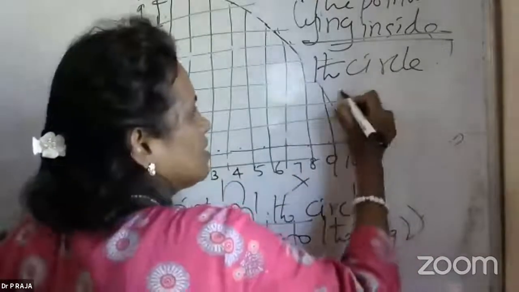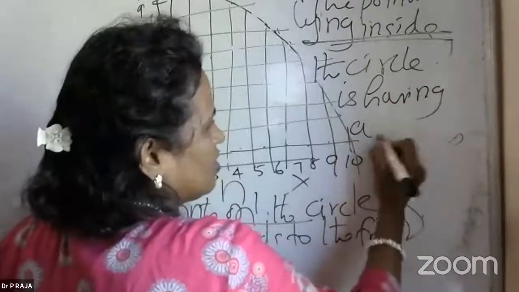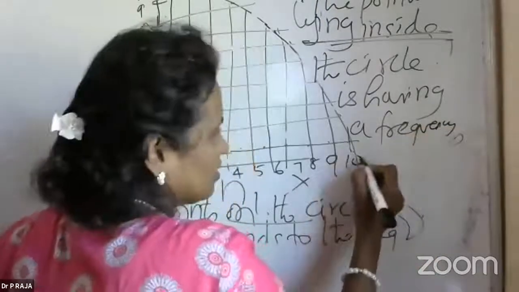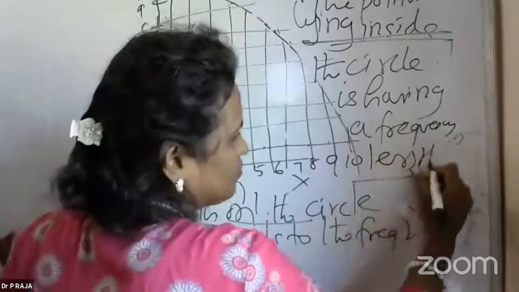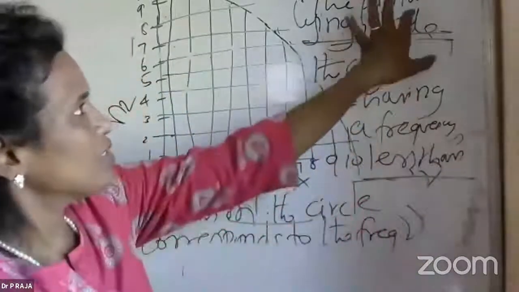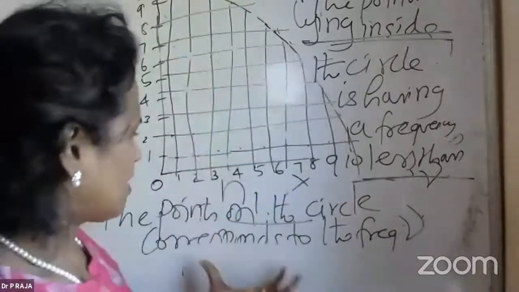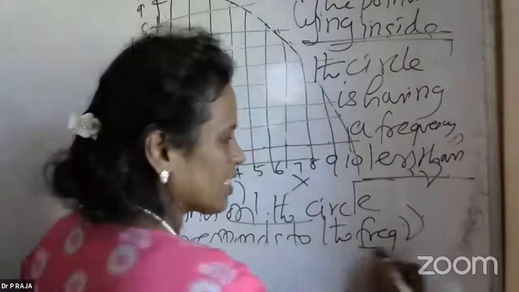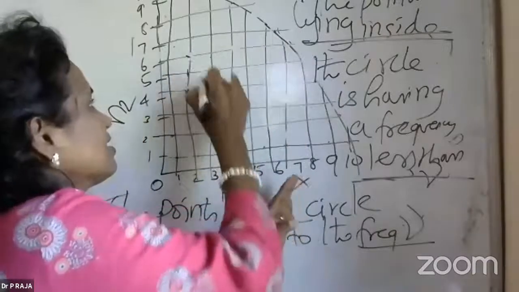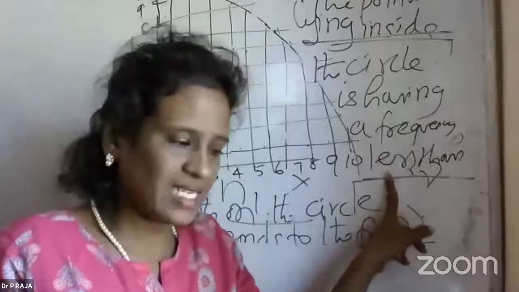A frequency less than nu. These points have to be noted. The points which are lying on the axis correspond to the frequency nu, whereas the points which are lying inside are expected to have a frequency lesser than nu.